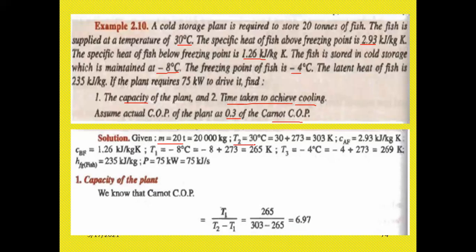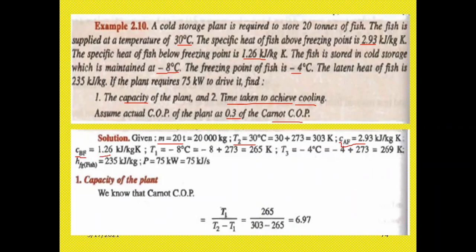Next, the specific heat of fish above the freezing point, CAF, is 2.93. Next, the specific heat of fish below the freezing point, CBF, is equal to 1.26.